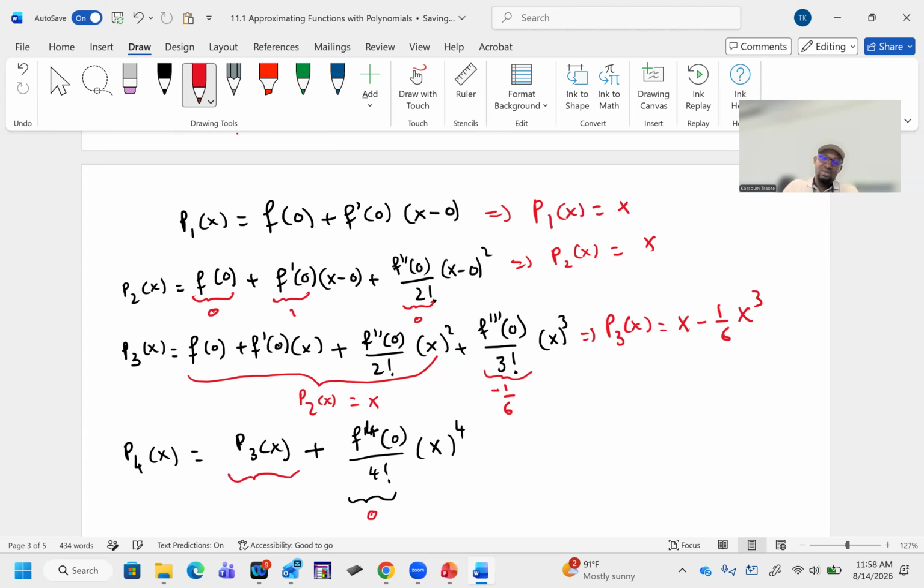So p sub 4 of x would be the same thing as p sub 3 of x, which is just x minus 1 divided by 6 x to the power of 3.